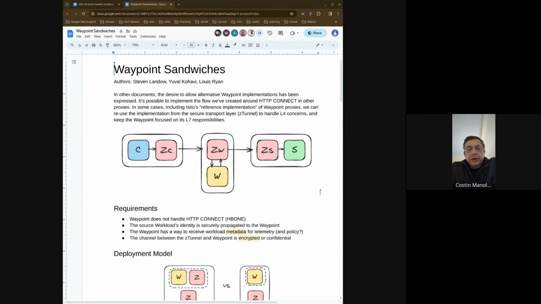And the S's accept connections only from W and for some G's that are separate, not in this picture. So basically a multi-tenant W is exactly like an ingress gateway in terms of policy posture.